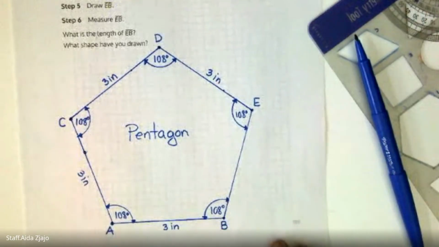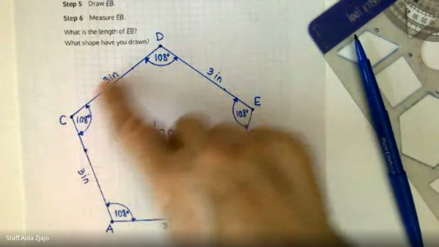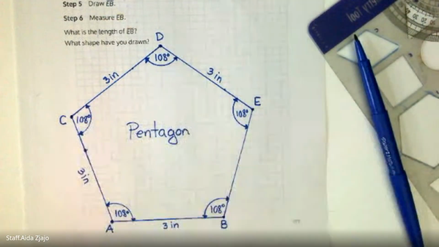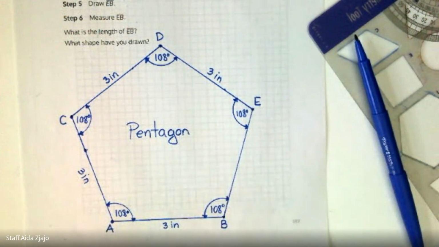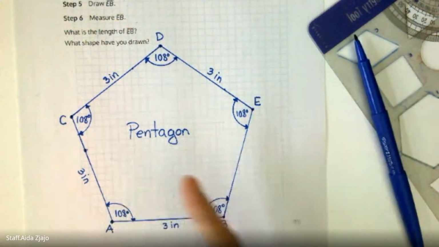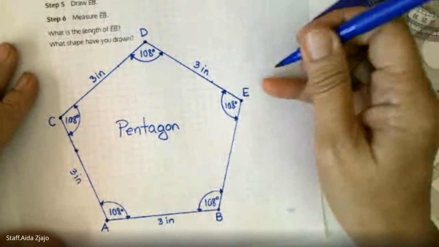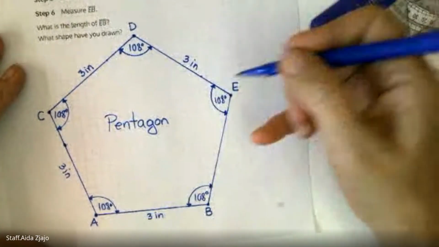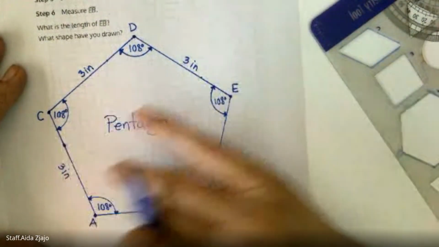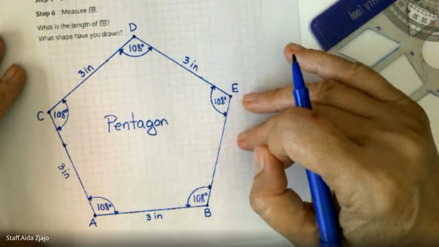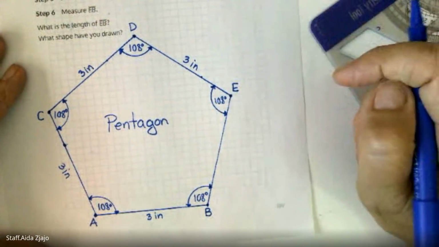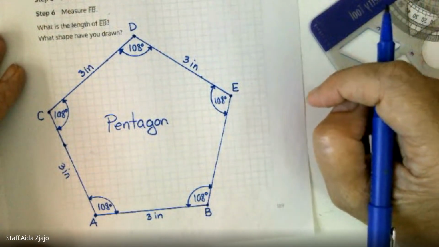This is also called a regular pentagon. Why is it regular? Because all the sides are congruent. It could be an irregular pentagon, where not all the sides are the same. If you are curious, you can add all these angles, and all the angles in a pentagon, when you add them up, create 540 degrees.